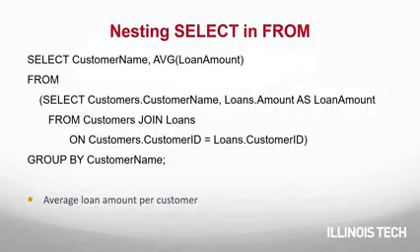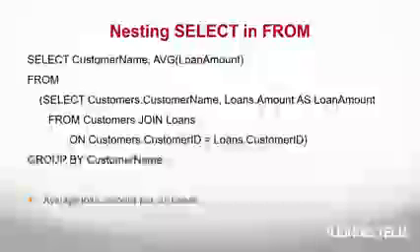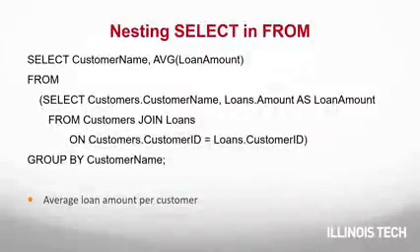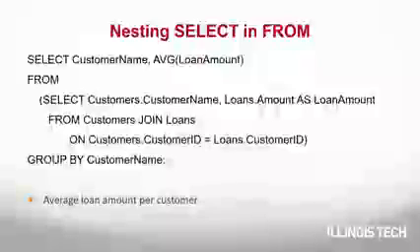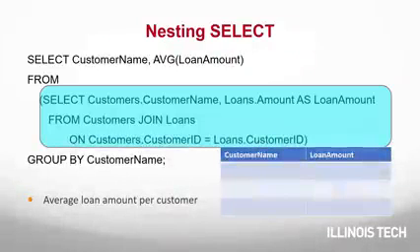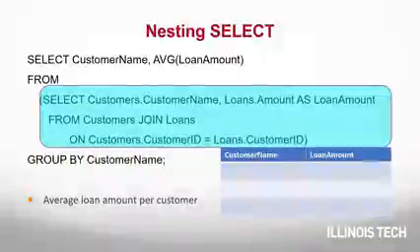So suppose I want to get all of my customers and I want to know the average loan amount for each customer. That requires me to join the customers together with the loans table. Well, I can do that join within a nested query and then select from that result to get the averages that I need. So the nested query says, select customers, customer name, and loans amount from the join of customers with the loans.